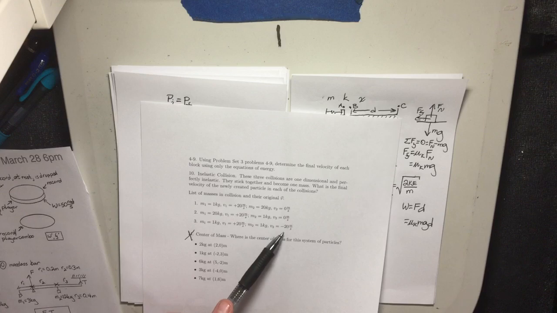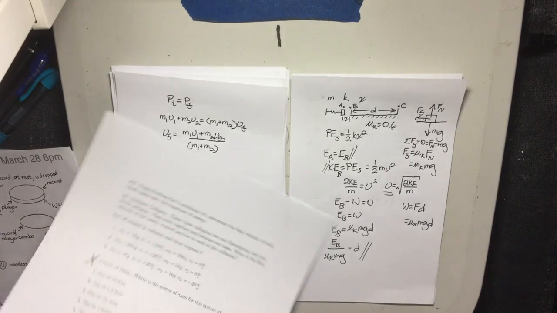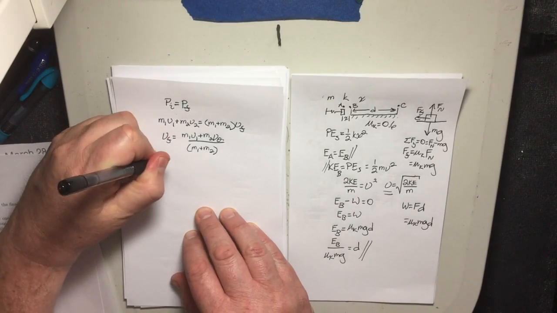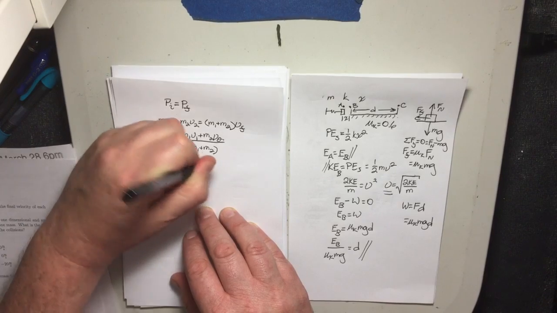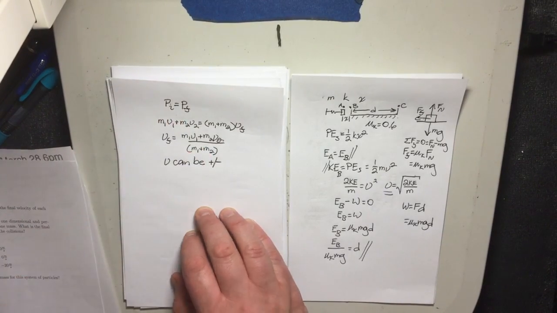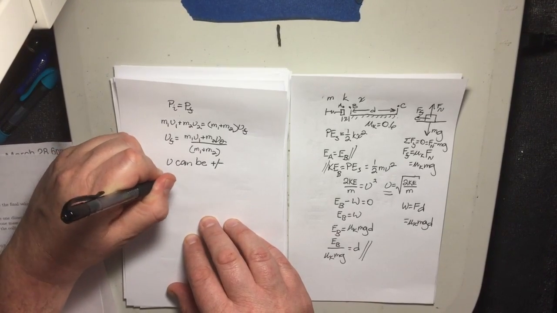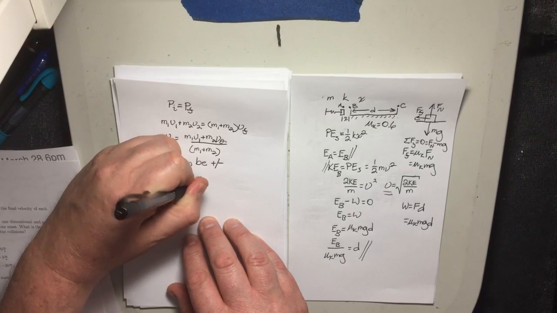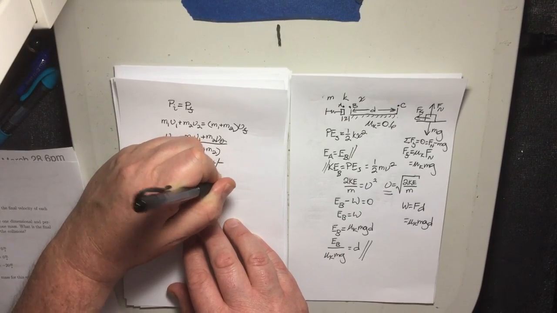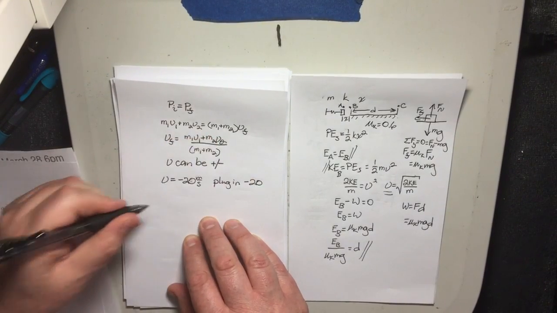But for number 3, it has that negative velocity. And the one thing that you need to know is V can be positive or negative. So if I say V is equal to negative 20 meters per second, plug in negative 20.